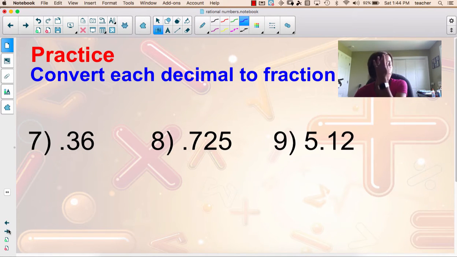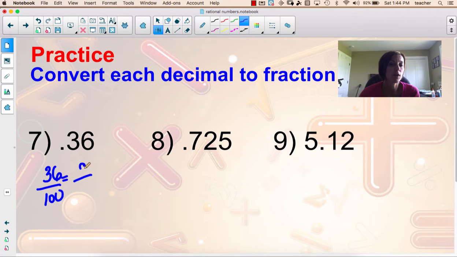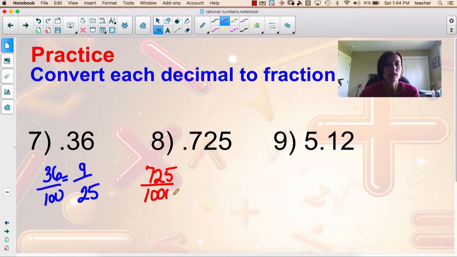Okay, if you want to convert each decimal to a fraction form by yourself, make sure you're simplified, pause the video, and then check to see if you're right by replaying it. Feel free. So we have 36 hundredths. 36 hundredths is not simplified. So we're going to divide by 4. We have 9/25 as a simplification there. 725/1000. Divide by 25.